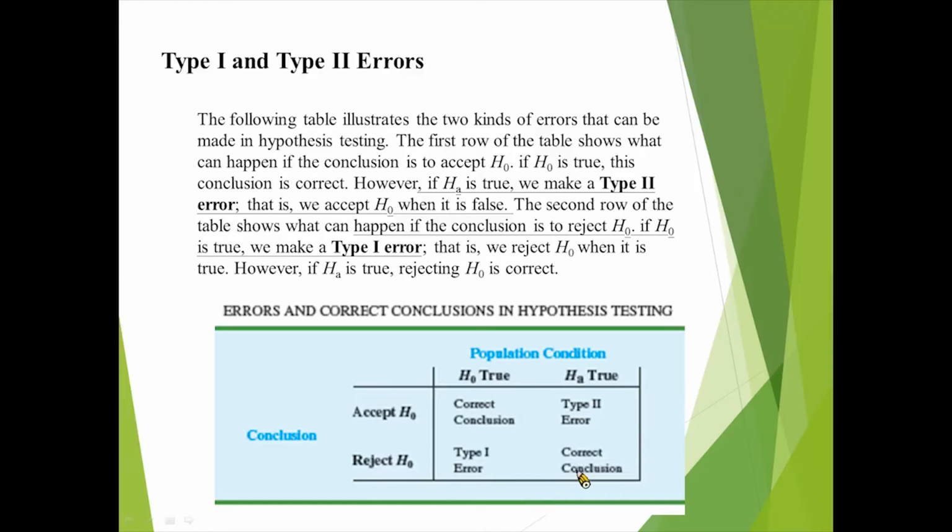This is the correct conclusion. Okay. So you see the type 1 error is when we reject H0 and H0 is true. And when we accept H0 when HA is true, we see this is the type 2 error.